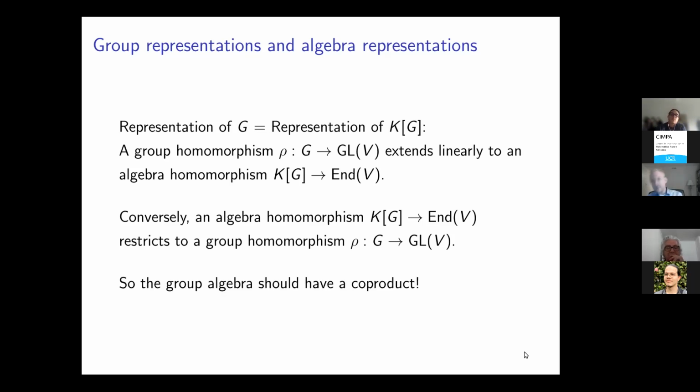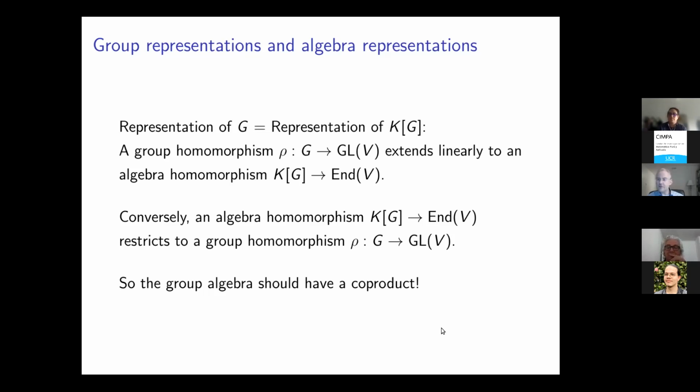So in other words, for the group algebra, I can form the tensor product of two representations, because I know I can form the tensor product of two representations of a group. So if my general philosophy is correct, this would mean that my group algebra must have a coproduct, okay? Because the coproduct is what I need to turn the tensor product of two representations into a representation again.